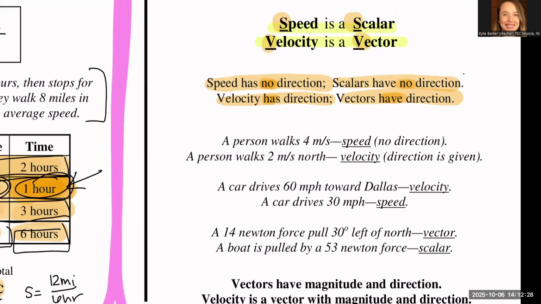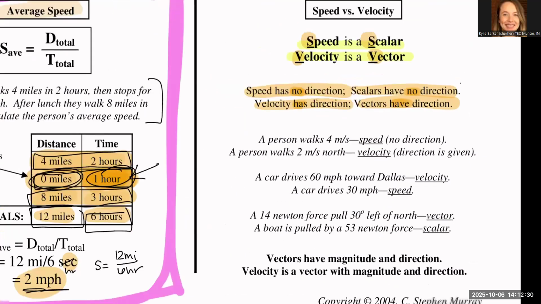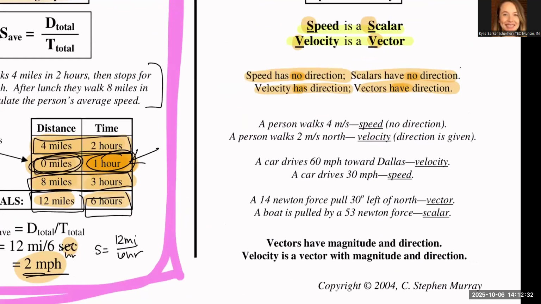Even further, what does that mean? Here are some examples. If you were to read or be told that a person walks 4 meters per second, that's just speed. There's no direction given. But if we said a person walks 2 meters per second north, that is velocity, because north is a direction. Again, a velocity towards Dallas, that's a direction. It doesn't have to be north, south, east, west.